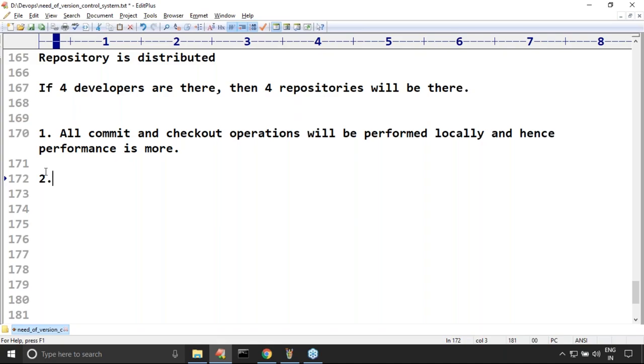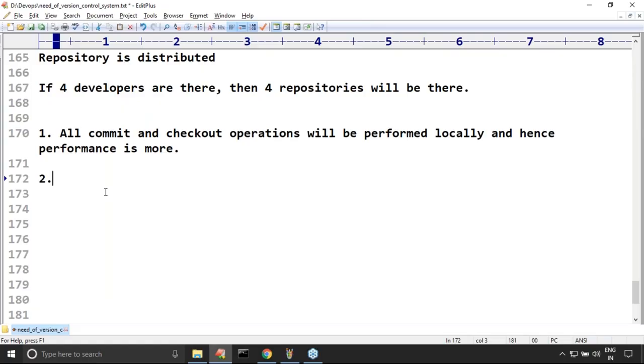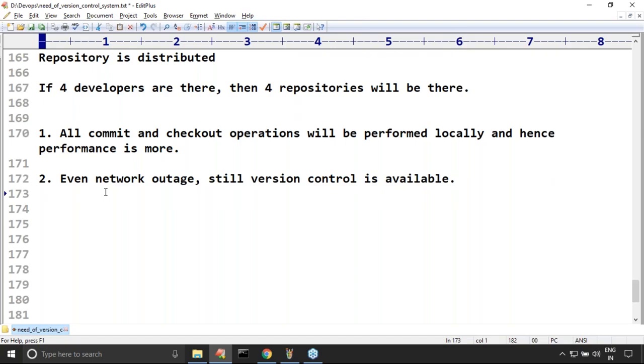Next, if there is a network outage, no problem. You can perform operations in your local repository. Even with a network outage, is version control still available or not?